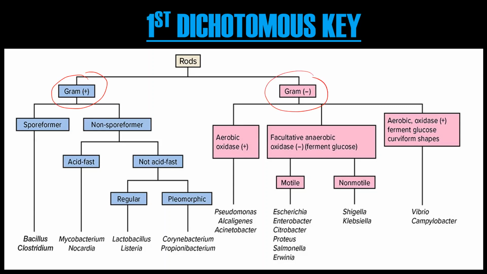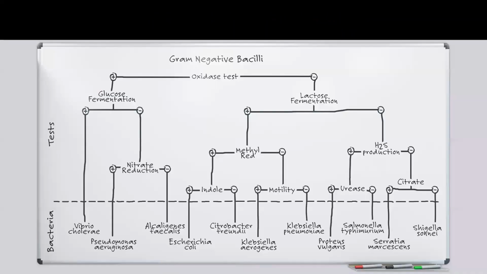Okay, and then after that, if it is gram negative, there will be more tests, like for example, oxidase test. And then after that, there will be another test. So look at the second dichotomous key over here.